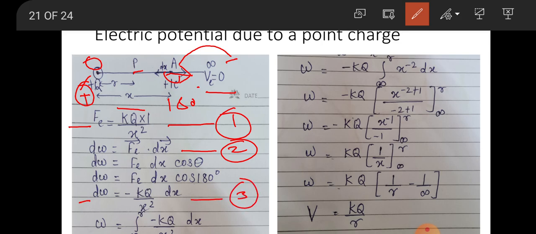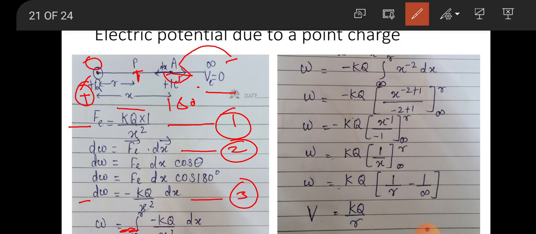For integration we need limits, so from infinity to point r. Why have we taken this? Because the charge which is the source of the electric field, plus q, and the distance between it and the charge which is at infinity that we are bringing to the point P, that distance is r. So the work done is equal to the integration from infinity to r of minus kq upon x square into dx.